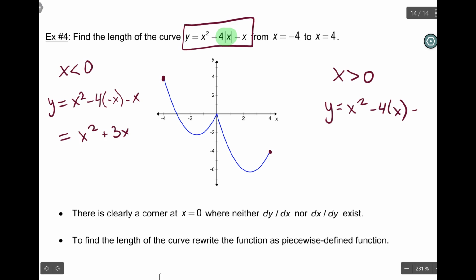Why is it negative x though? If x is less than 0, it's negative. No, it would be positive because it's absolute value. She's saying that because it's an absolute value, that's why she's splitting them up into two separate things.